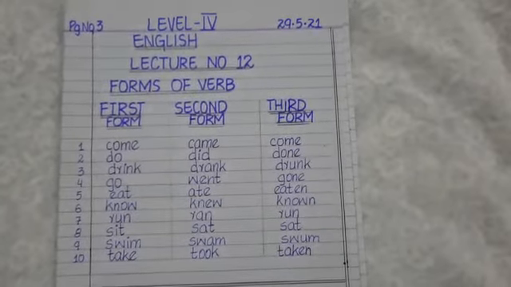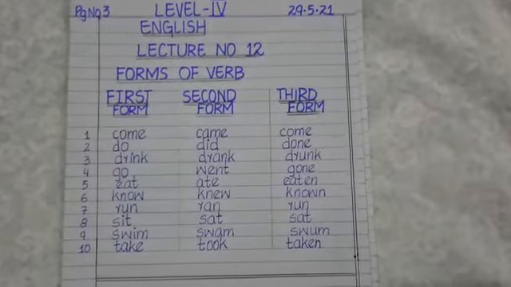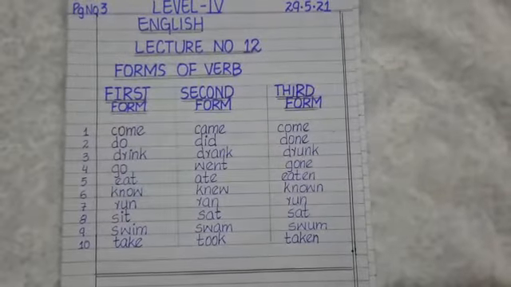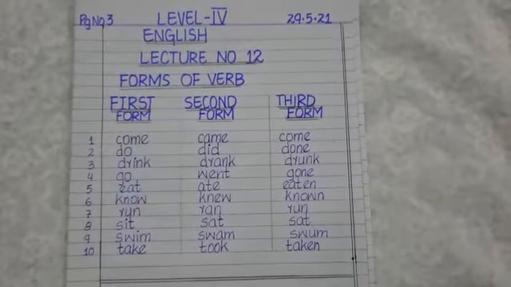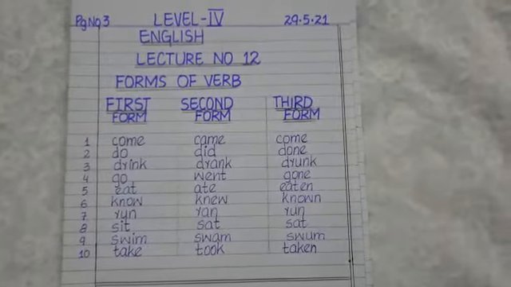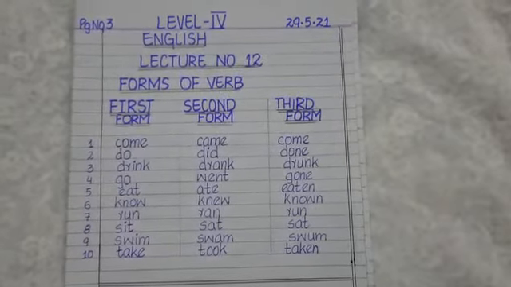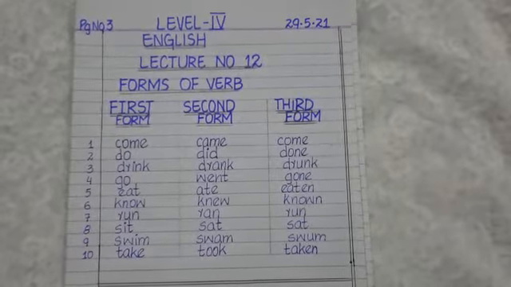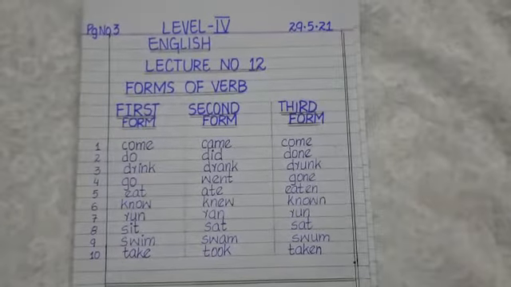The first form is called the base form of verb, that we call simple present tense. The second form is called past tense, and the third form is called past participle. Come is the simple present tense. Came is the past tense.